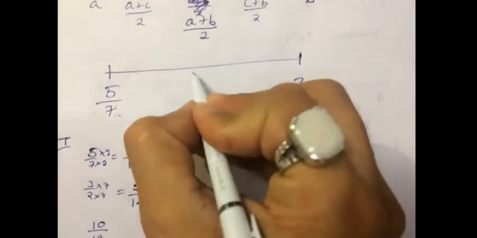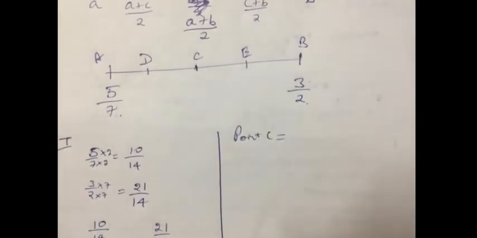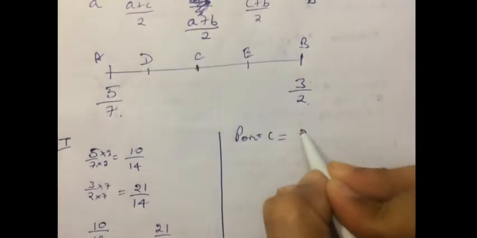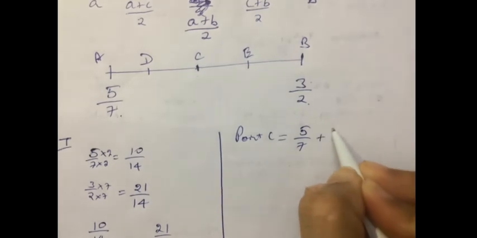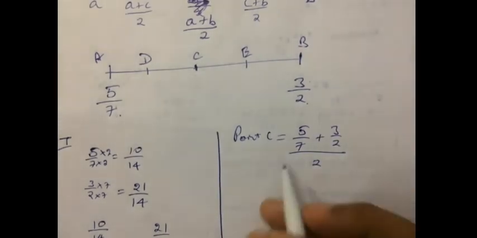Now for that, let's say this is A, B, C, this is D, and this is E. First we will find point C. Point C will be equal to A plus B by 2. A is 5 by 7 plus 3 by 2, upon 2.